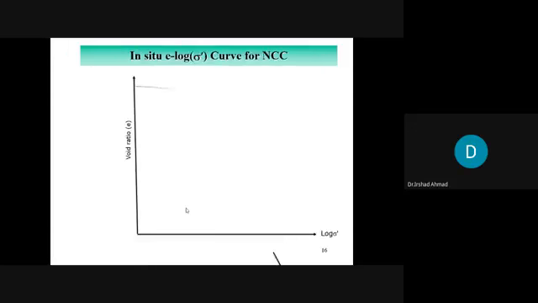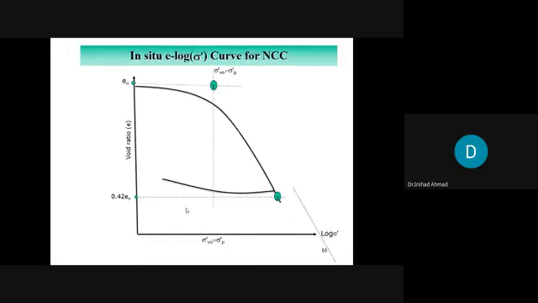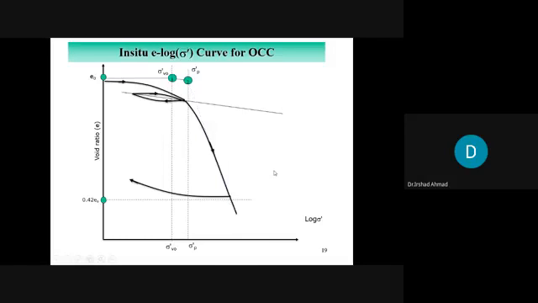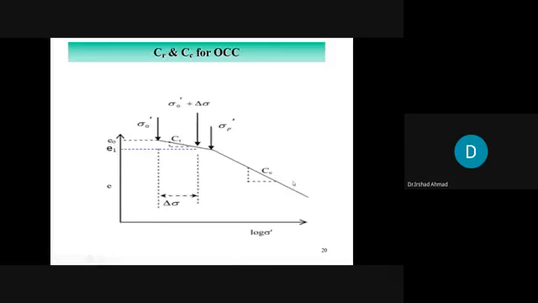These are different constructions that are used to correct the laboratory curve to the field curve, and this is the correction for over-consolidated clay. The difference between NCC and OCC is that here you will have CR and CC, both slopes, whereas for normally consolidated clay, we only have one line, which is CC, compression.